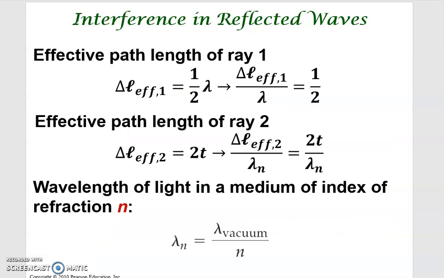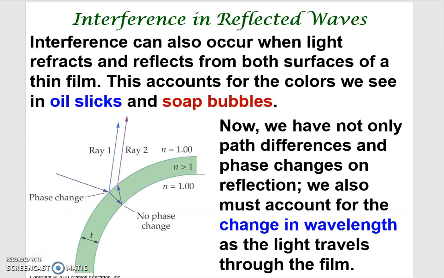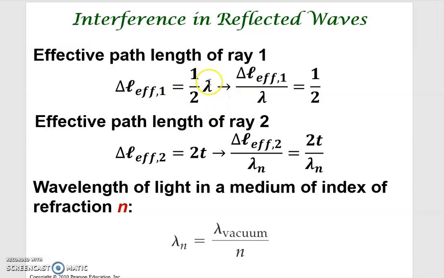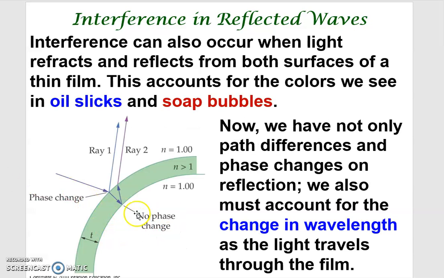So let's calculate the effective path length for ray 1, because it has the phase change here. The effective path length for ray 1 is 1/2 lambda, so this term divided by lambda is 1/2. For the effective path length of ray 2, because there's no phase change here, we only consider the path traveled.